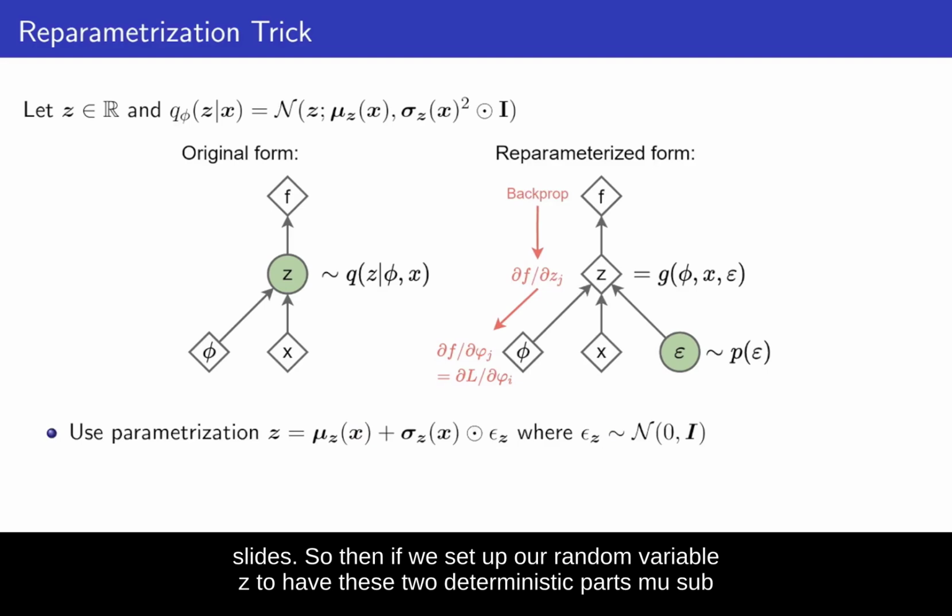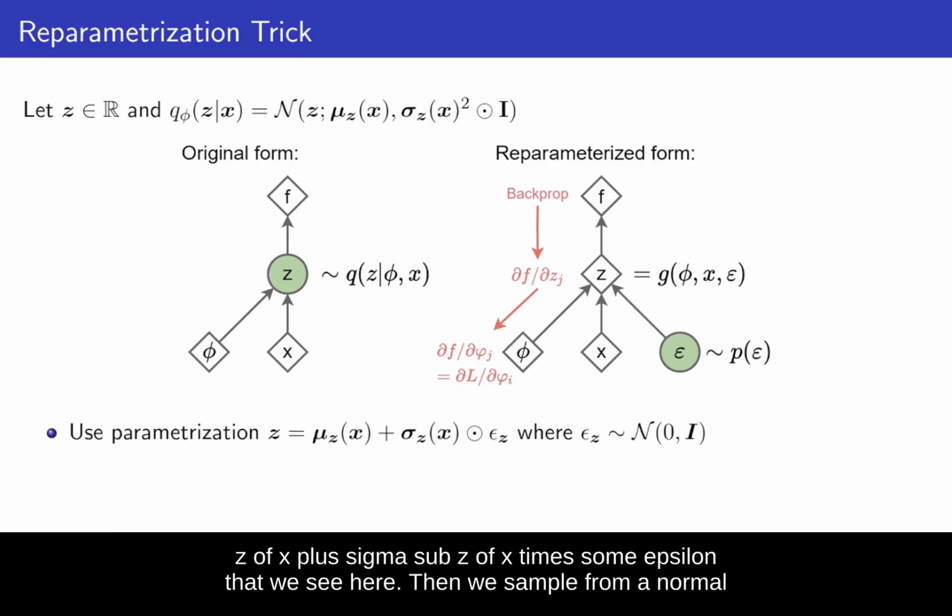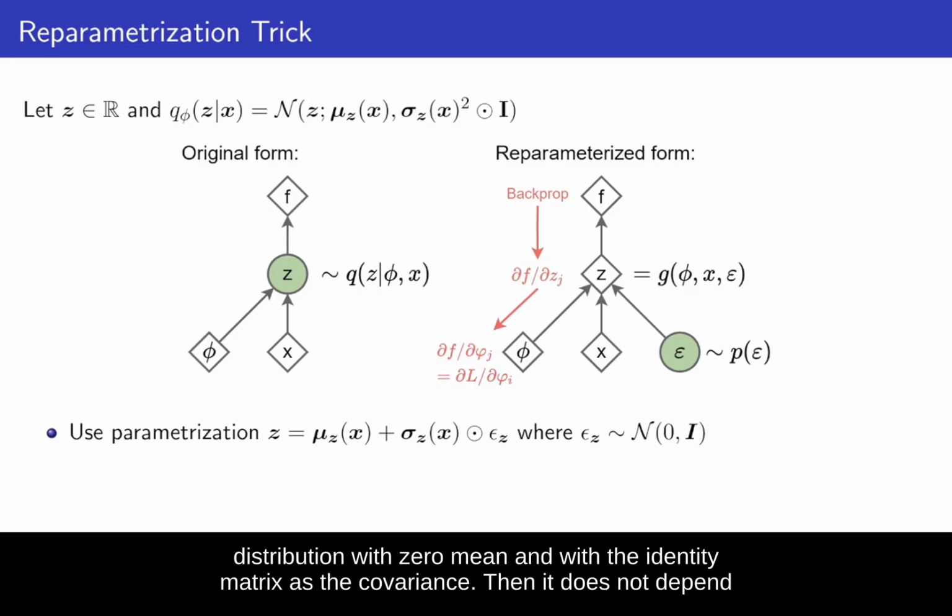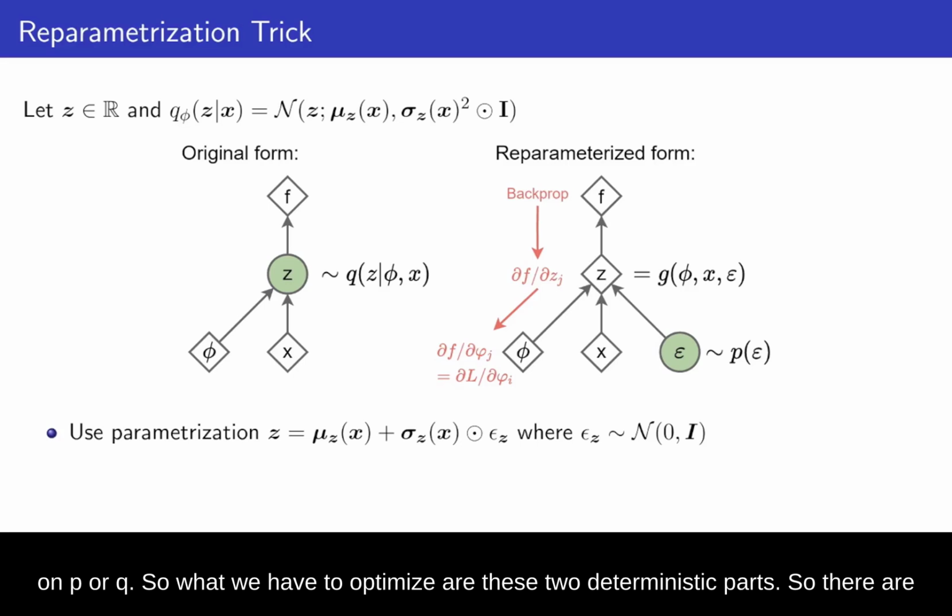If we set up our random variable Z to have these two deterministic paths, mu sub Z of x plus sigma sub Z of x times some epsilon, where we sample epsilon from a normal distribution with zero mean and the identity matrix as the covariance, then it does not depend on P or Q. So what we have to optimize are these two deterministic paths.